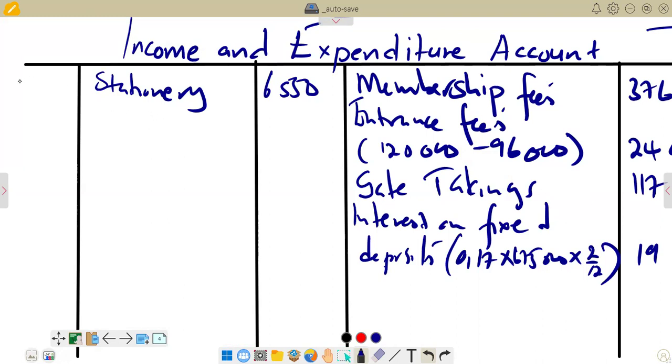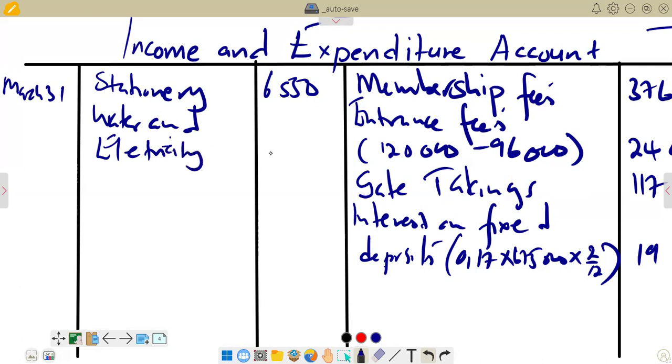And then on the debit part, remember this is at the end of the period, so it's March 31. And then water and electricity. The amount that we have is 25,550. So this is what we have.